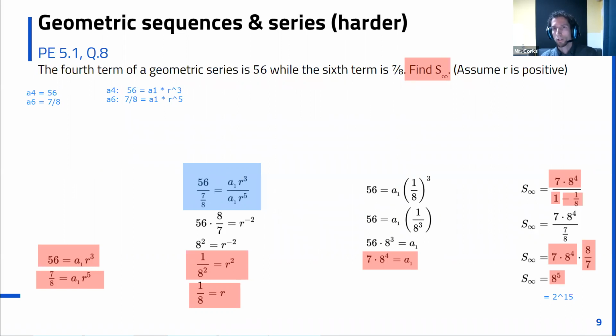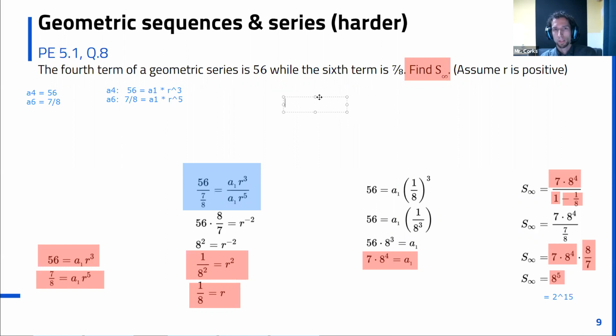So this is a nice, longer but good general pattern that will work for any case for a geometric sequence. Give me any two terms and we can do this process and we'll figure out exactly what our R and A and everything is. There's a shorter method that we could have done here.